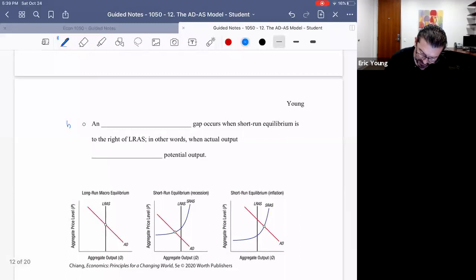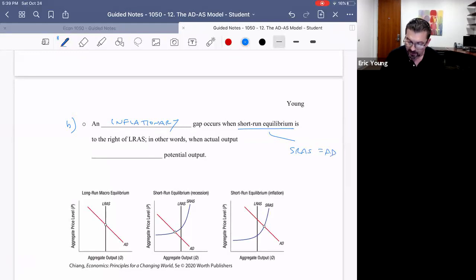The other gap that we're going to have is known as an inflationary gap. With an inflationary gap, your short-run equilibrium, again, where your short-run AS equals your AD, falls to the right of the LRAS curve.